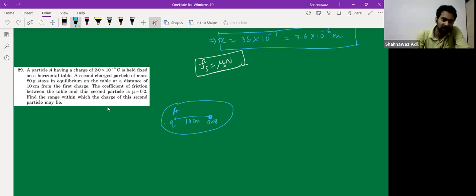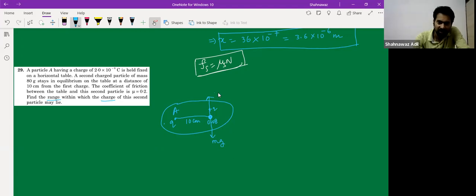The polarity of the charge is not given. They are asking about this range. So let's first consider that the polarity is plus Q. This will have a normal reaction, and this has weight mg.